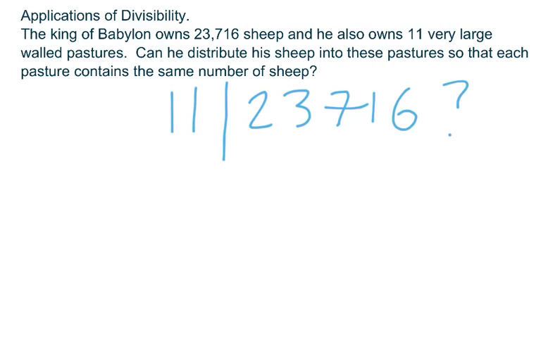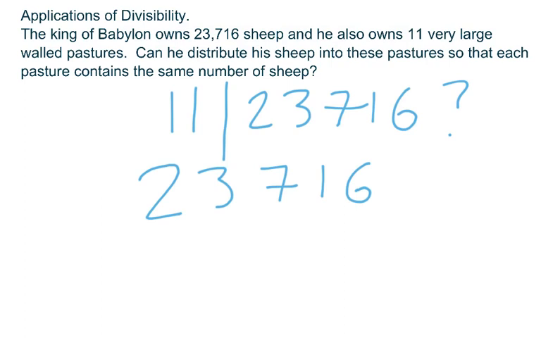Now I could get a calculator out and literally divide 23,716 by 11. But we also have the little trick we've learned about how to tell whether a number is divisible by 11. The easiest way, I think, is to think of it in terms of alternating digits.